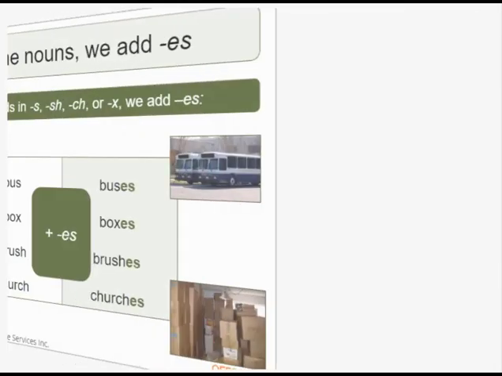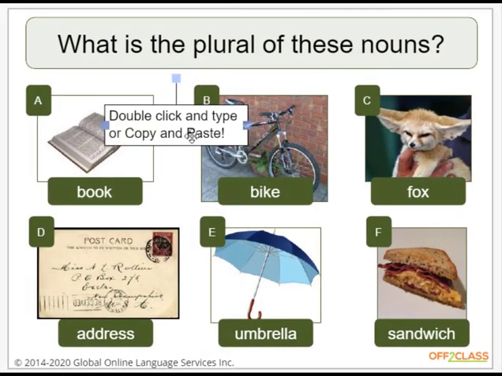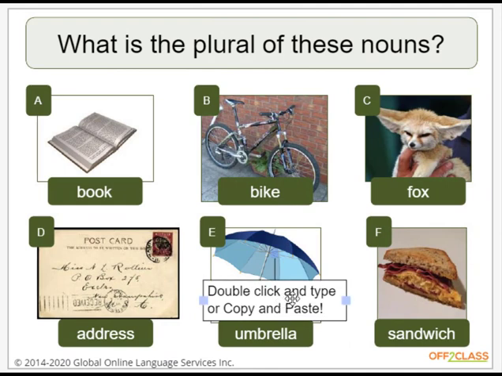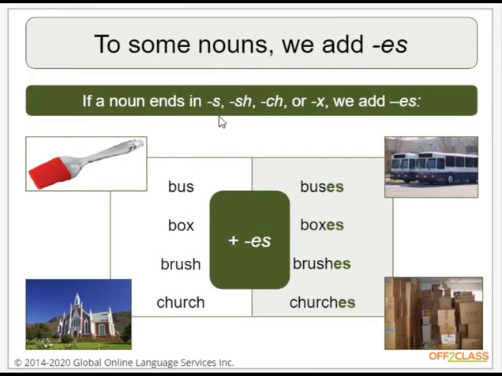If a noun ends in S, SH, CH, or X, we add ES. What's the ending here? It's an A. So it's not one of the ones we mentioned before. So the correct answer is umbrellas with an S. Because remember, the noun ending is an A, and it's only if it ends in S, SH, CH, or X that we add ES.